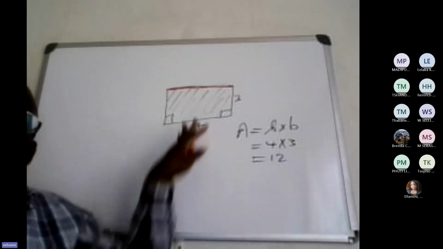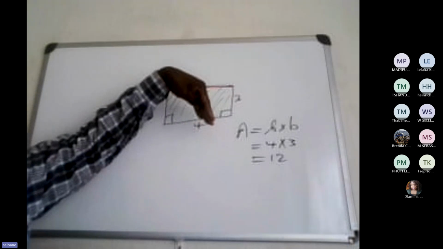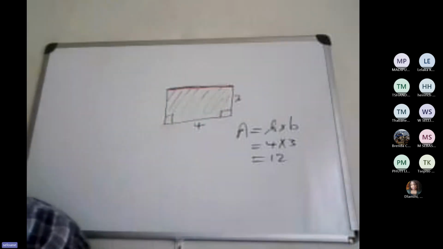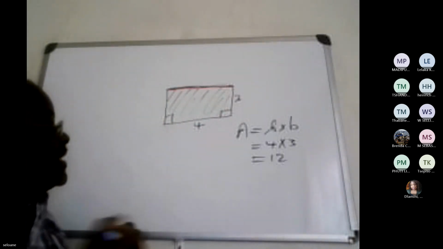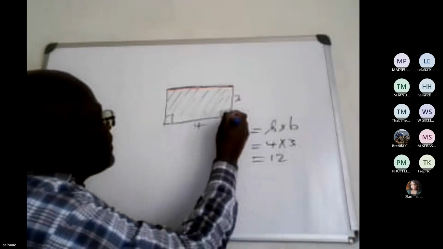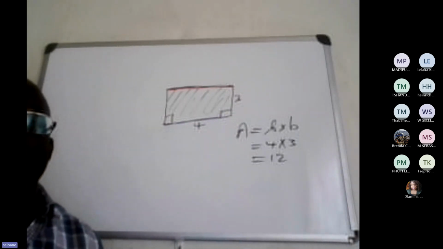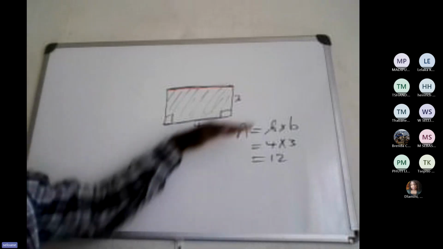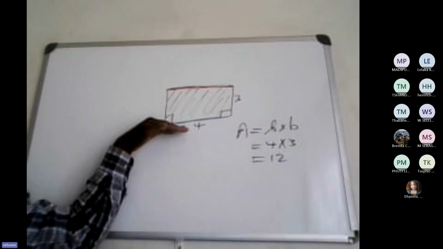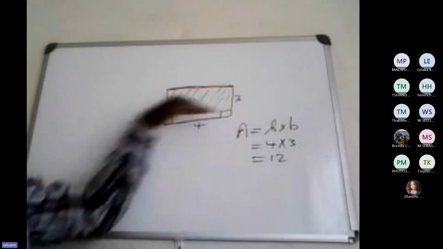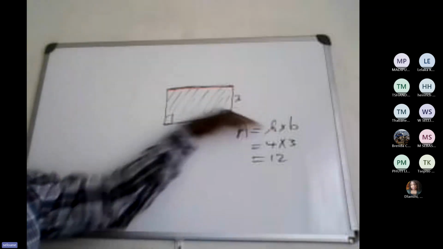It encloses this region on top. And this one encloses our region at the bottom. It's like the bottom fence or the bottom wall.